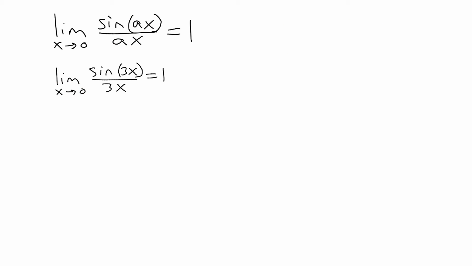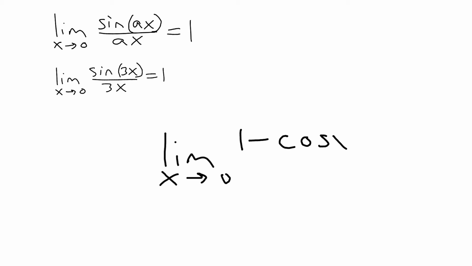So the last thing that I'll mention is about this other limit rule involving cosine. The limit as x approaches 0 of 1 minus cosine x over x is equal to 0.